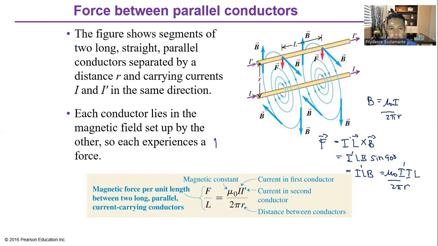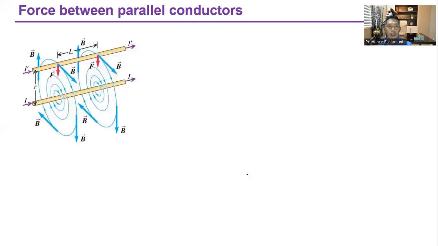The force per unit length is just equal to mu naught I I prime over 2 pi R. So you can calculate the force between parallel conductors.